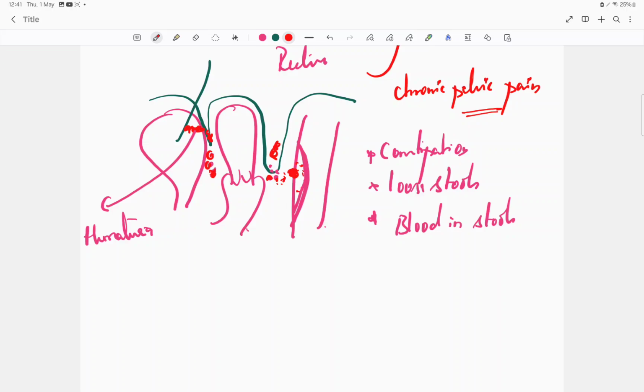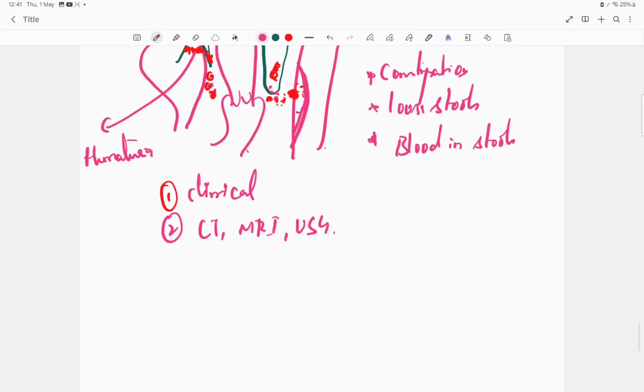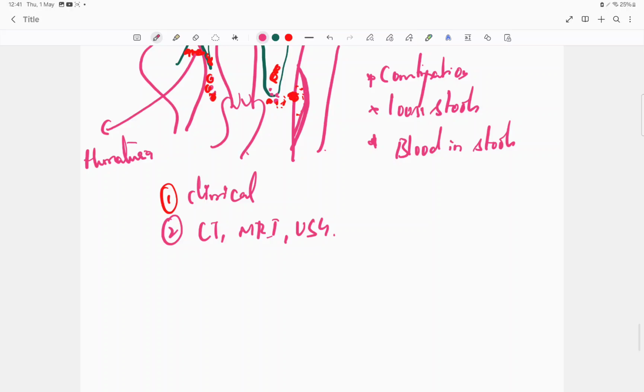When you keep the finger here, these nodules are tender. So clinical examination can be done, just like for ovarian endometrioma, and CT, MRI and USG can also be used to identify this. Okay, so this is about the pathophysiology.